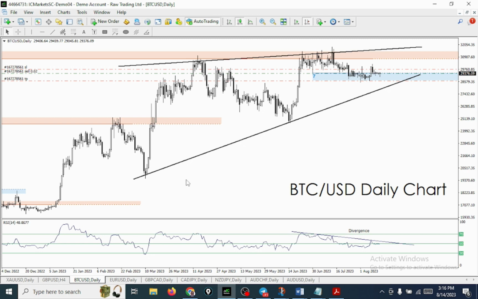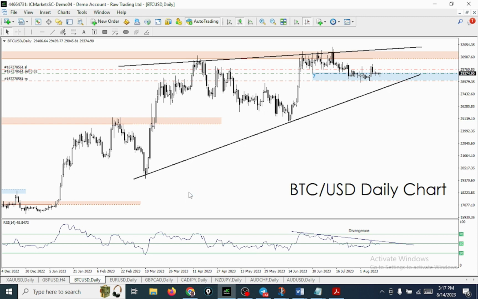Technically speaking, Bitcoin has created some price pattern on this chart. Like some of you know me, I trade chart patterns a lot. I'm a fan of chart patterns. When I say that, what do I mean? Price moves in a particular formation.